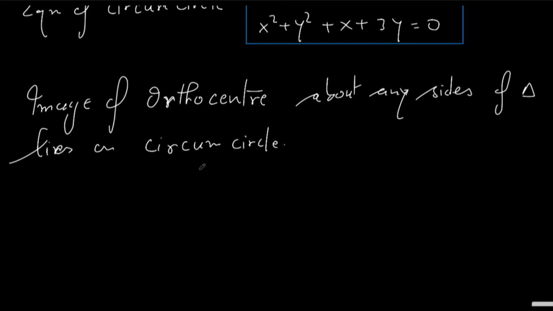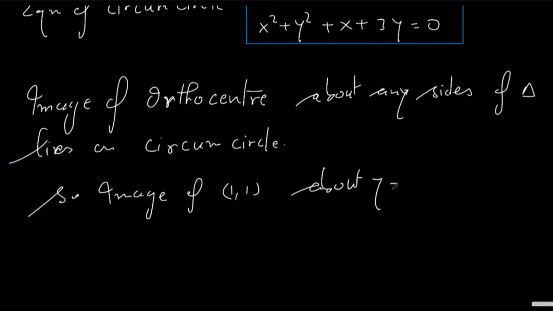Okay. So here 1, 1 is the orthocenter, so the image of 1, 1 about y equal to 0 is 1, minus 1. This is a smart solution, you can say. It's very clear.